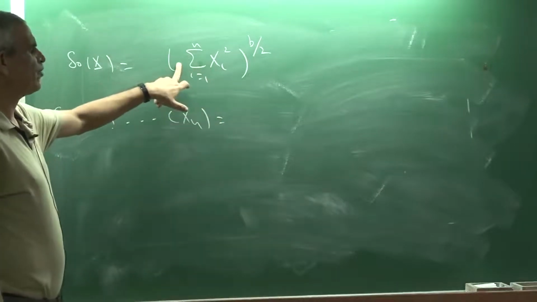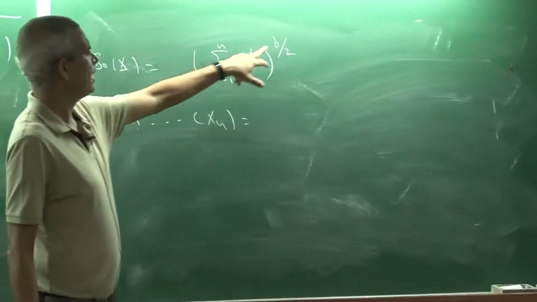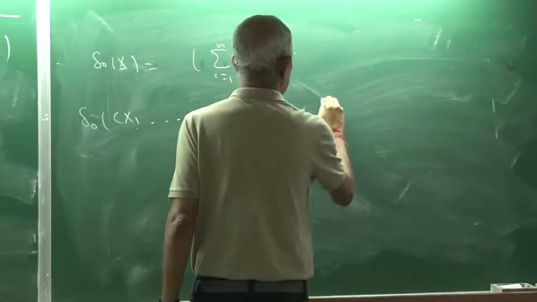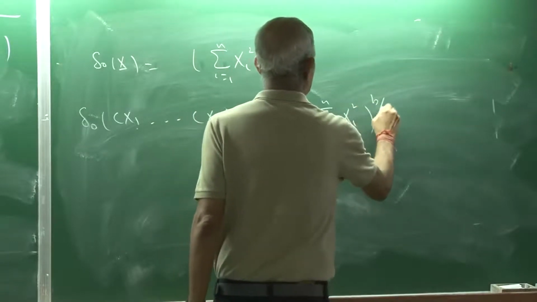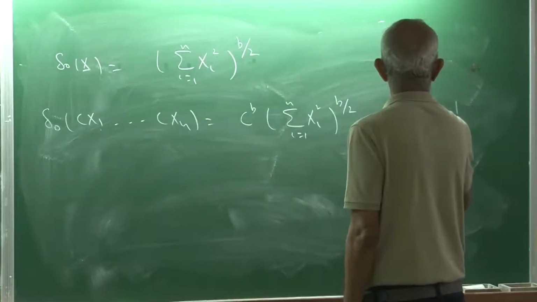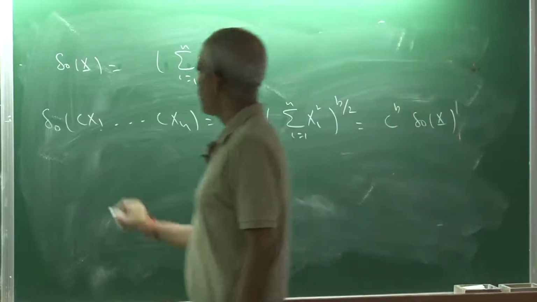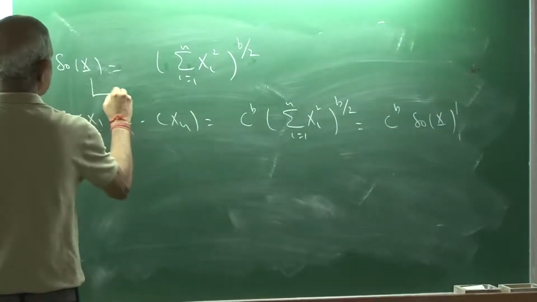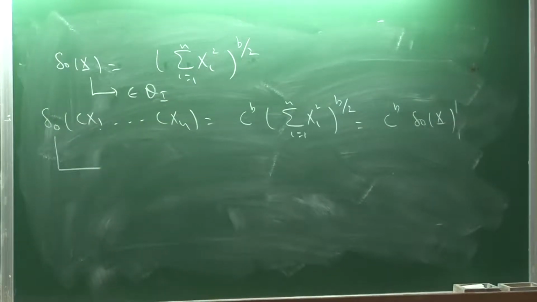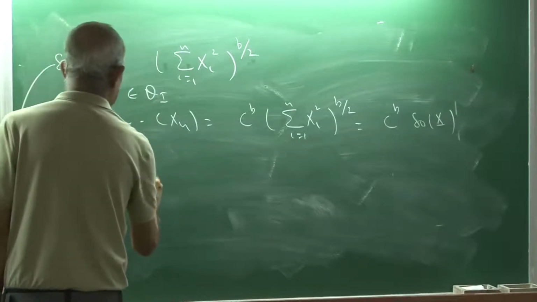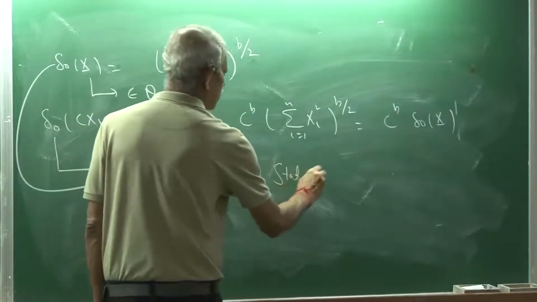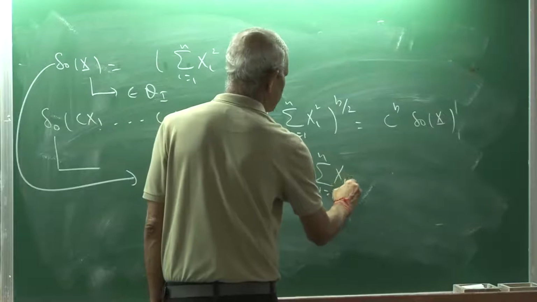It becomes c square xi square, and when it comes outside, with b by 2, the 2 gets cancelled, and you get c to the power b, which is the same as c to the power b delta naught of x. So that means this is invariant. And this is also a function of the complete sufficient statistic, summation i equal to 1 to n xi square.